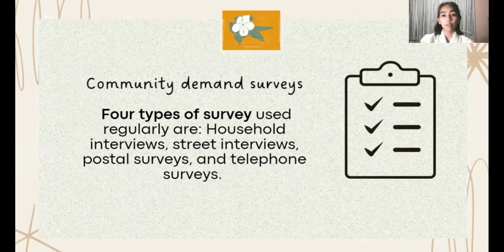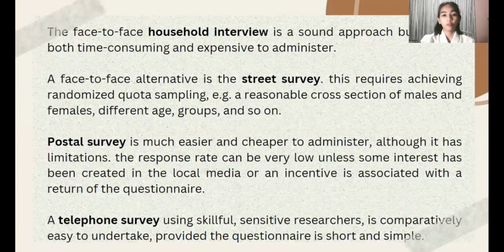Four types of survey used regularly are household interviews, street interviews, postal surveys, and telephone surveys. The face-to-face household interview is a sound approach but can be both time-consuming and expensive to administer. In order to avoid unnecessarily alarming residents, particularly the elderly, household interviews are best undertaken following an introduction, which requires even more time.